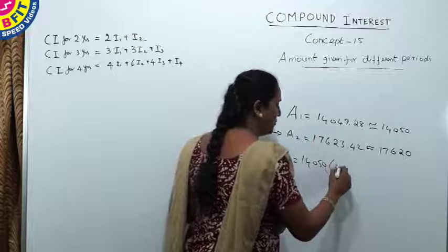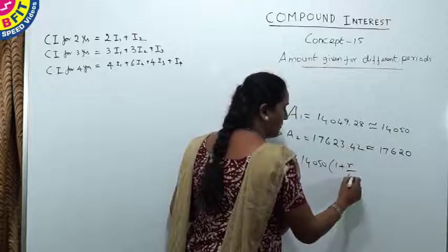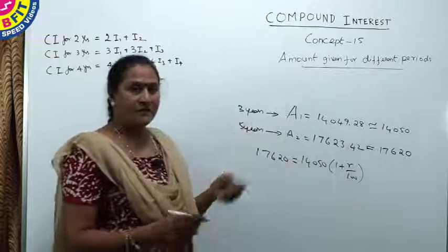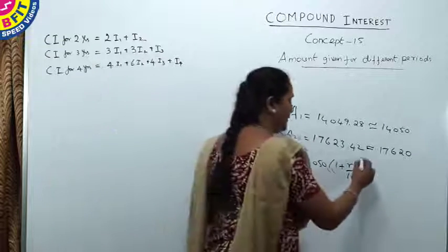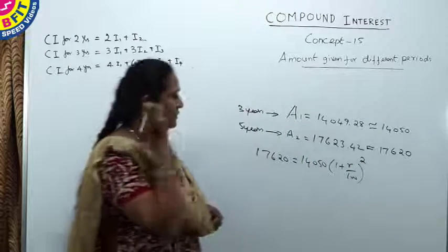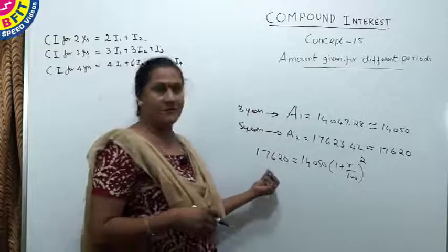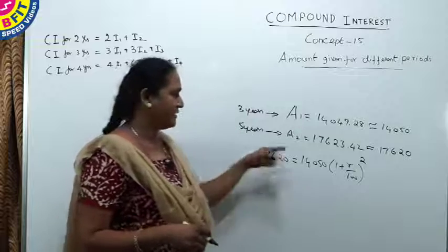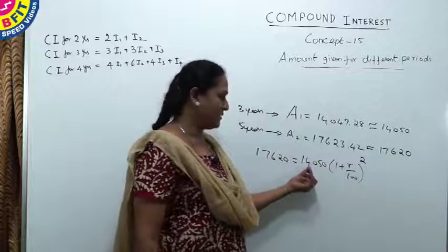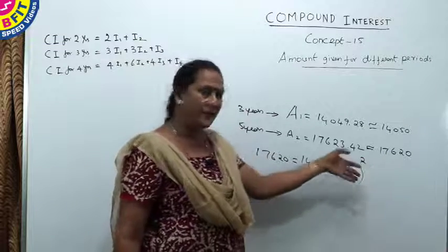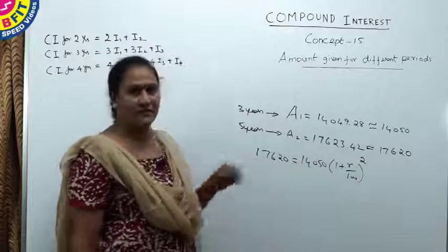So P into 1 plus R by 100. And what is the difference in years? It is 2 years. So the 3 years amount is the principal for 5 years, and this is the amount for 5 years. So the difference in years is 2. So this principal after 2 years becomes 17,620.